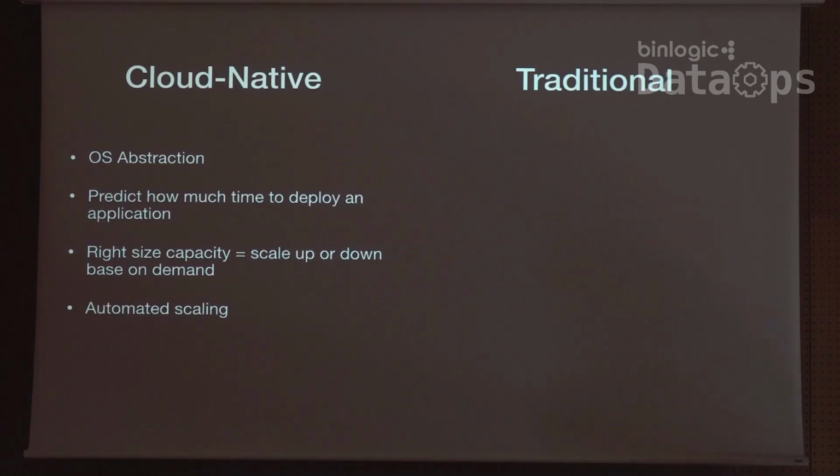Automated scaling lets you have all of this in an automated fashion without having to provision more servers in your data center just to handle a spike, like Black Friday or something that would demand a lot of load on your servers.